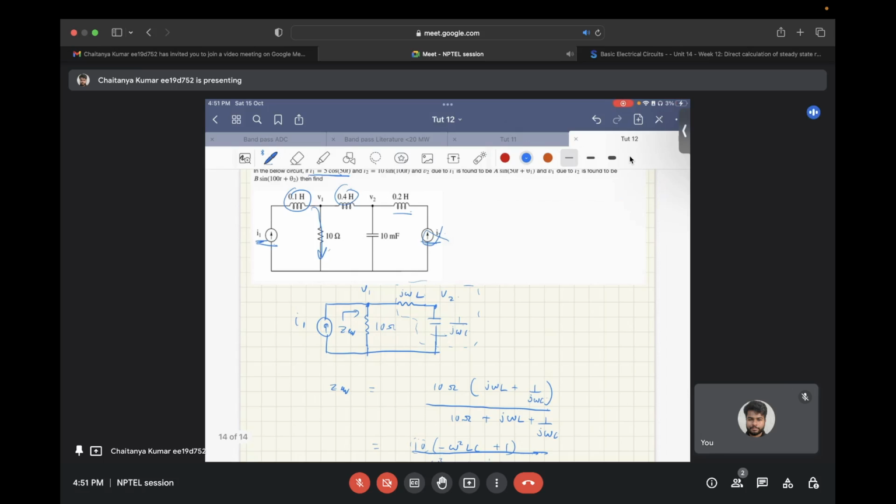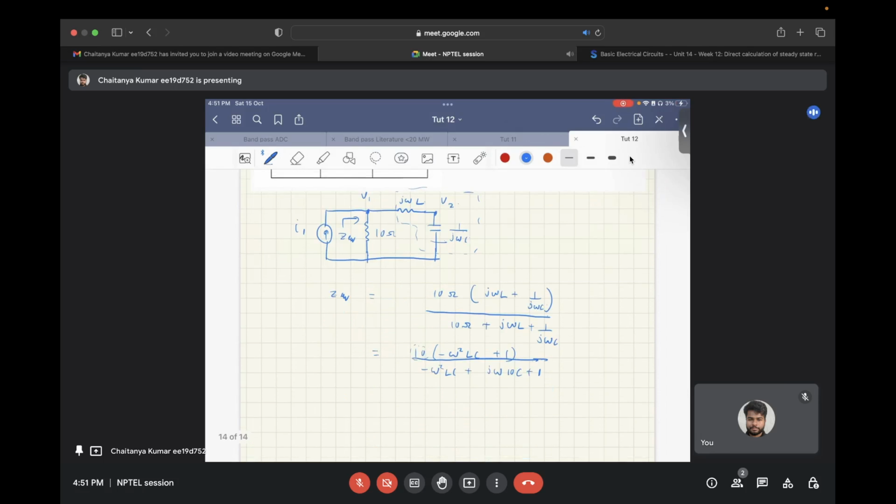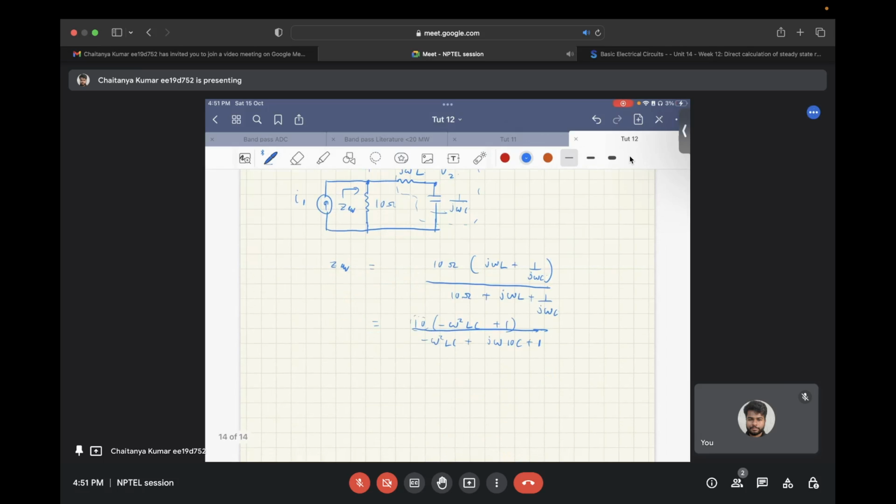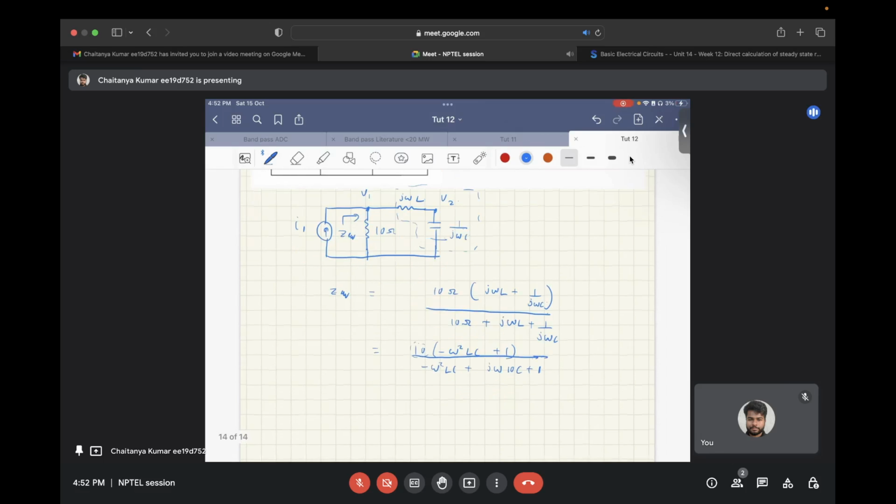At infinite frequency, the capacitor will become open circuit, so the final impedance will again be only due to the resistor. That's what you see here, because minus omega square LC in the numerator and denominator dominate at very high frequencies and cancel each other, and you end up with an impedance of 10. So this is what will be V1.